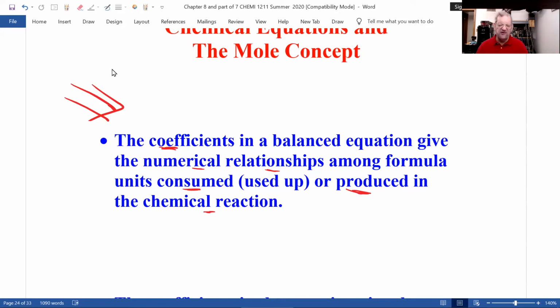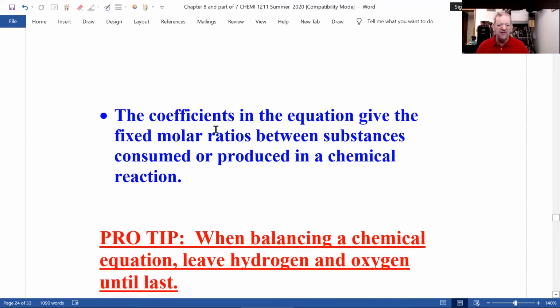So the coefficients in a balanced chemical equation give the numerical relationship, the molar ratios.